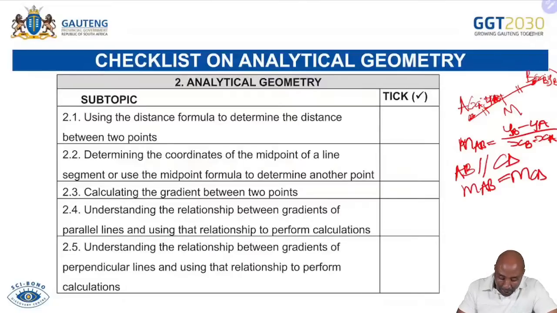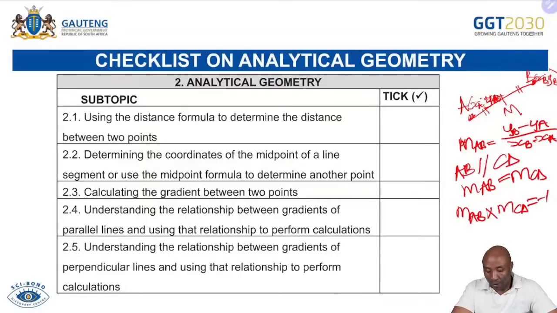And then if two lines are perpendicular to each other, the product of the gradients, the gradient of AB times the gradient of CD, should be equal to -1. When we have lines that are perpendicular to each other, if you are given the gradient of one line, you are able to deduce the gradient of the other, even if you are not given the 2 points on the other line.